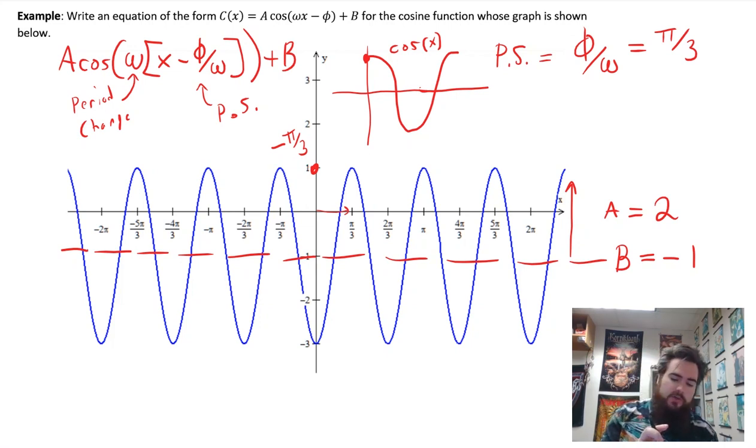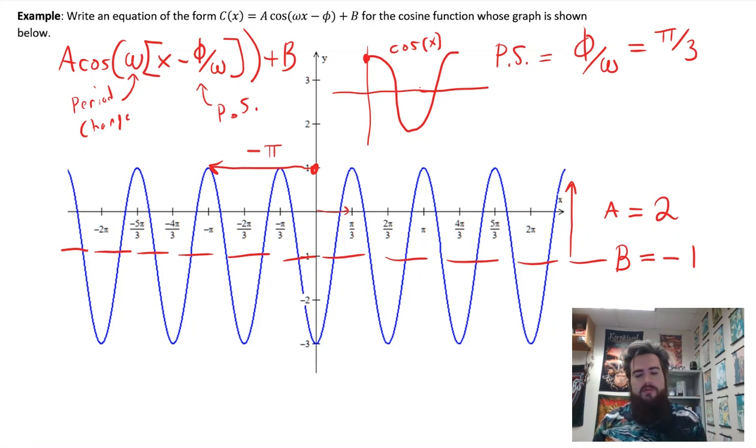Or if I wanted to choose another point, maybe all the way back here, well then now my phase shift is negative pi. Again, you will get a different looking answer, but it will equal the same thing.